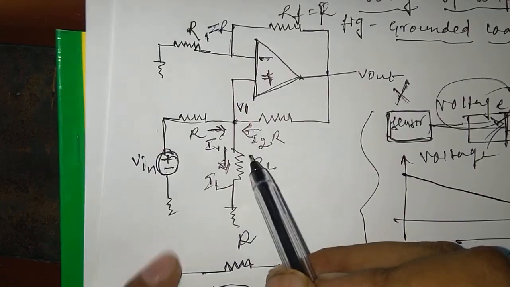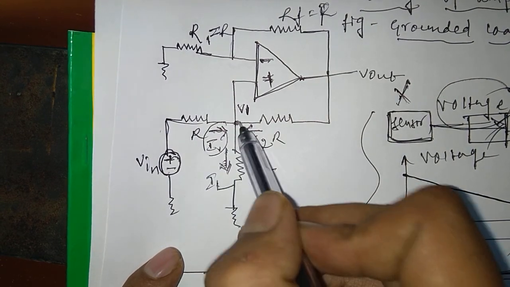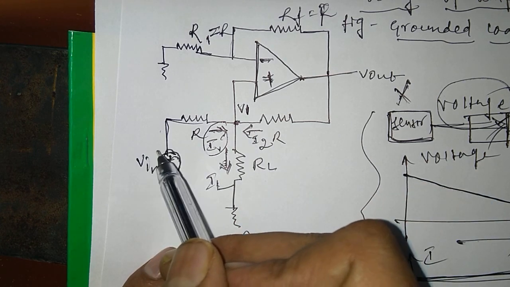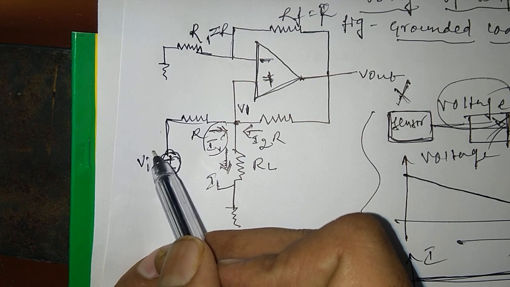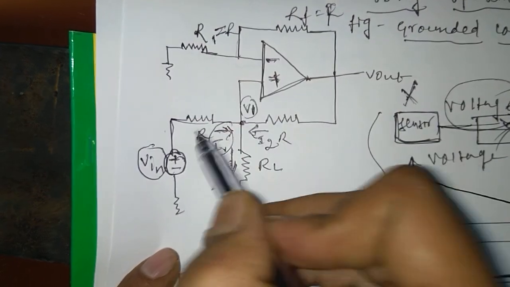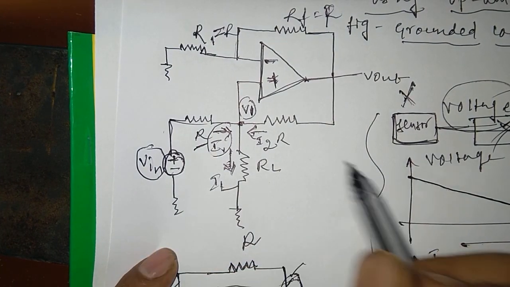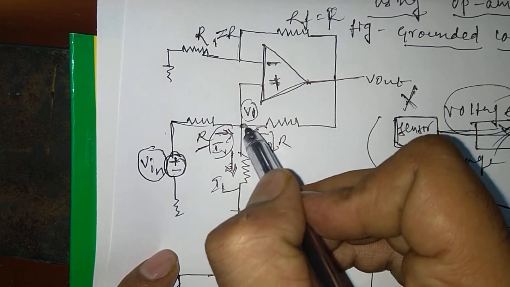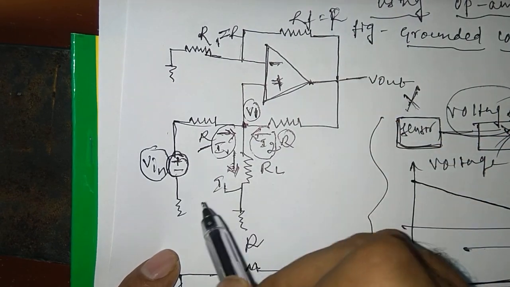I1, the current flowing into this node, is nothing but this voltage minus this voltage divided by this resistance. Correct? Similarly, I2 is this voltage minus this voltage divided by this resistance.